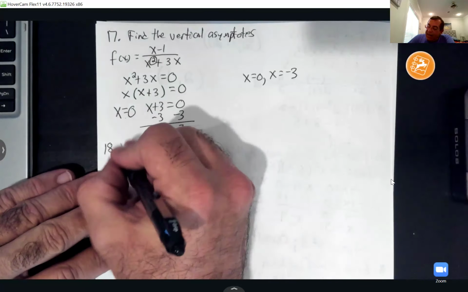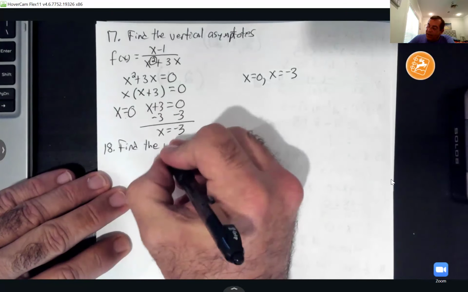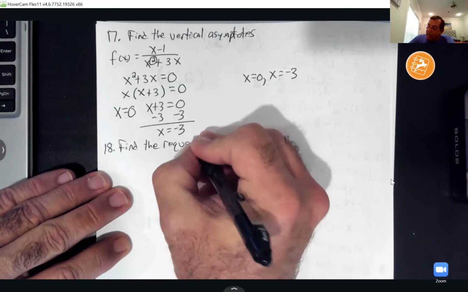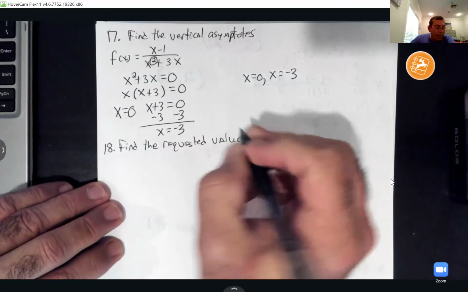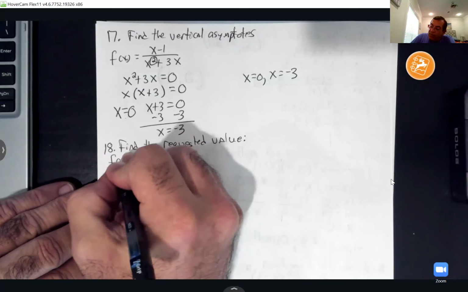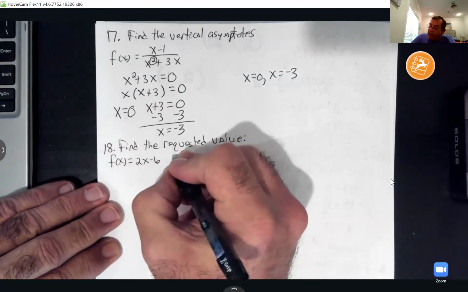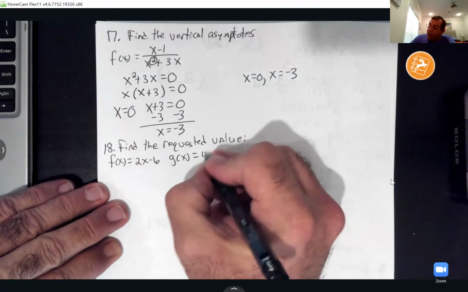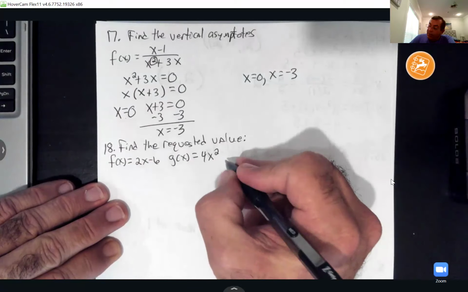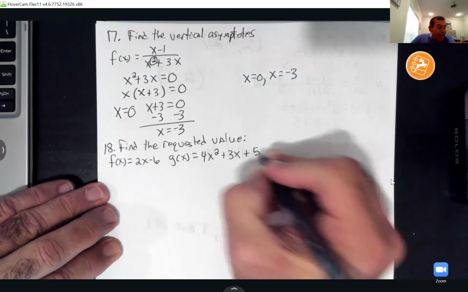All right, find the requested value. All right, y'all, watch this. f of x equals 2x minus 6. g of x equals 4x squared plus 3x plus 5.